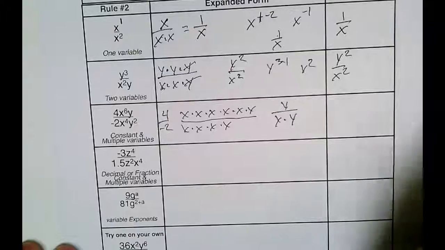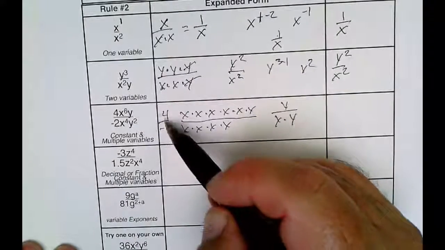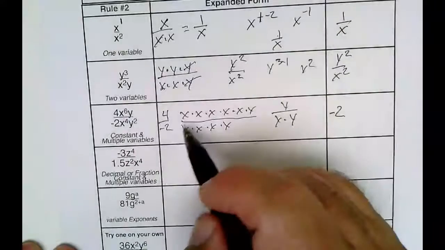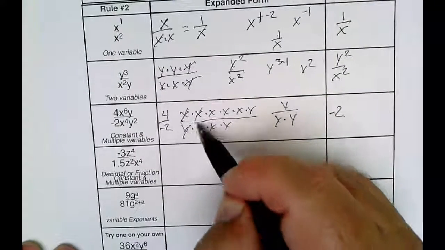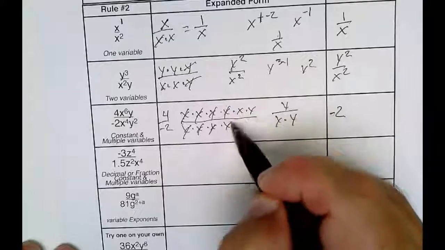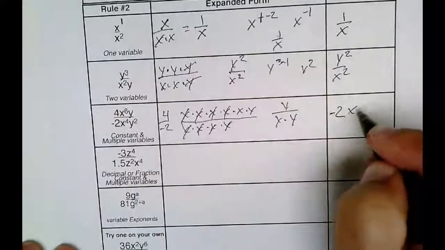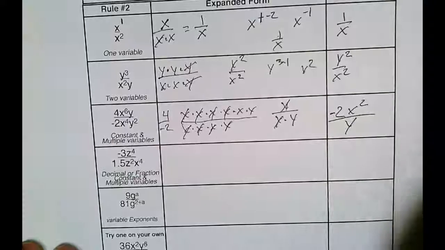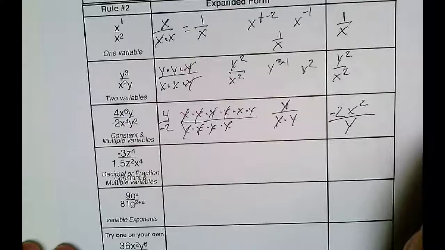Simple division. Negative 2 divided into 4 is negative 2. Cancel these out. I'm left with x squared. Cancel these out. I'm left with y. Now I know my answer is correct.